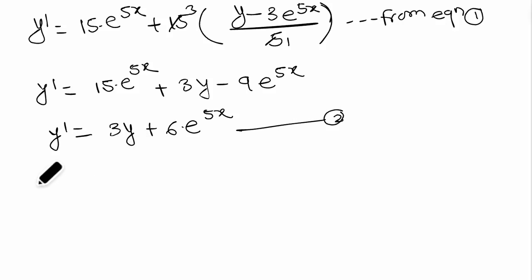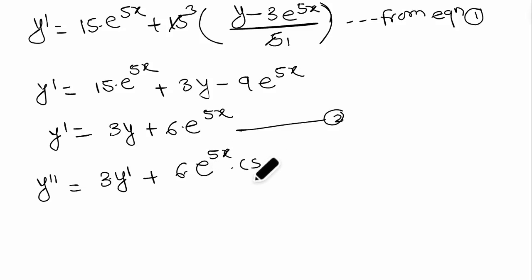Again differentiate with respect to x. So you will be getting y double dash equal to 3 into y dash plus 6 into e to the power 5x into 5. Okay. So now replace this e raised to 5x from the equation number 2.